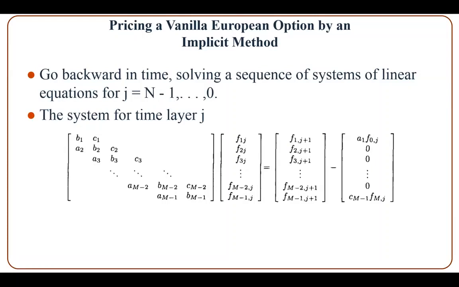The boundary conditions yield the 2 missing values for each time layer, and the terminal conditions give the values in the last time layer. Similarly as in the explicit case, we go back in time, solving a sequence of systems of linear equations. This slide shows the system for time layer j.